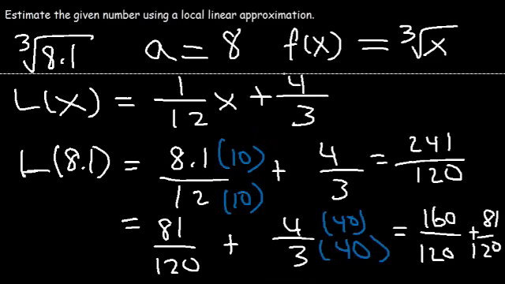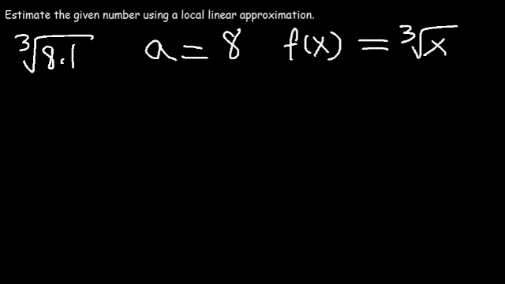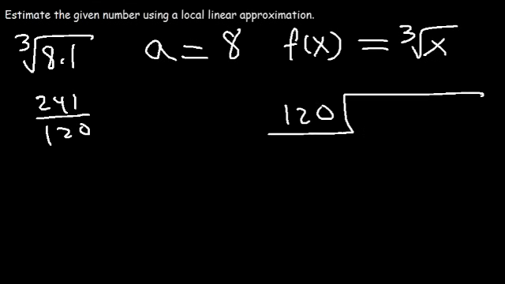So let's turn that into a decimal. This is a little bit more than 2. 240 over 120 is about 2. But using long division, we can do it this way. 120 goes into 241 2 times.